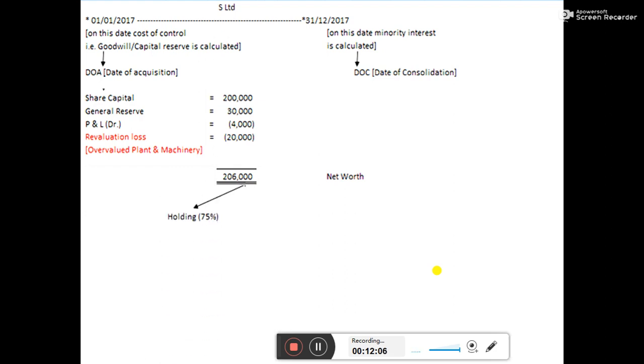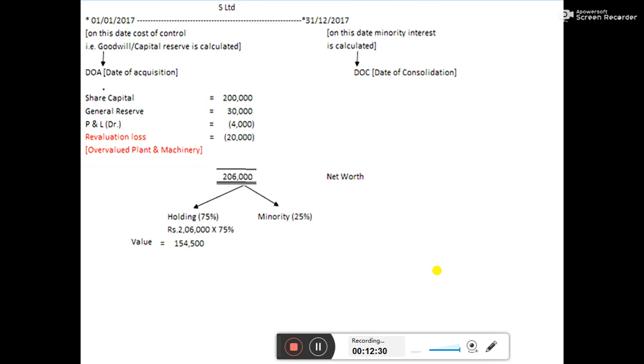Out of this net worth, holding will be for 75%, 2,06,000, 75% is holding. So that is for H Limited, out of this 2,06,000, 75% will go. We are not bothered about minority interest while calculating cost of control. So out of this 2,06,000, the value is 1,54,500.